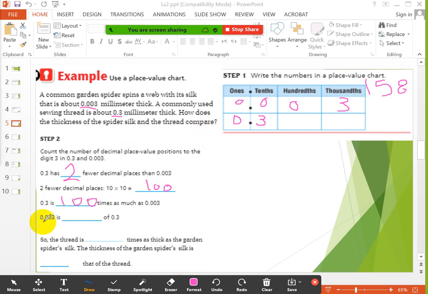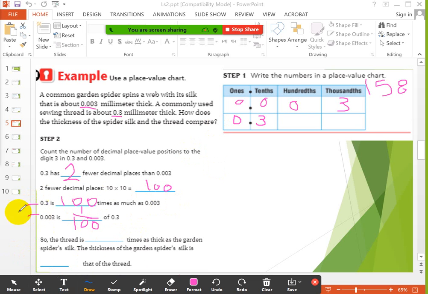That means 0.3 thousandths is 1 over 100 of this number. And this expression, I think we solved a similar exercise yesterday. Okay, yesterday the same expression, this one and this one.